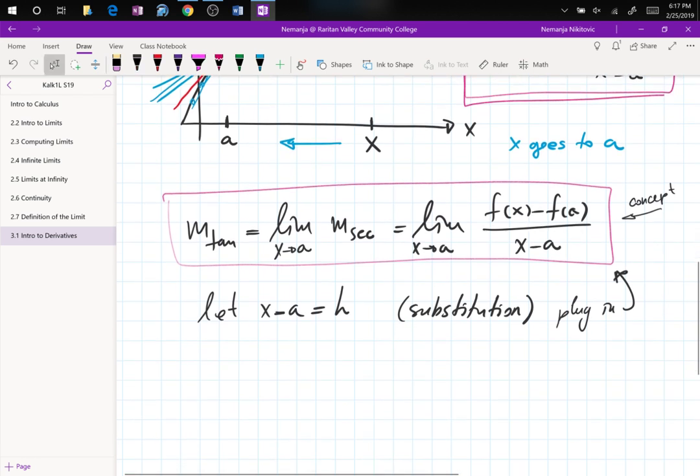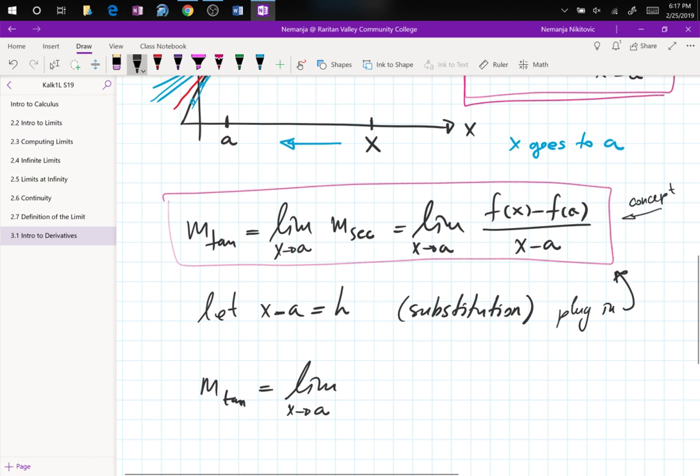So what do we have? m tangent is going to be the limit as x goes to a, we'll fix that, of, and now I want to eliminate the x's, right?